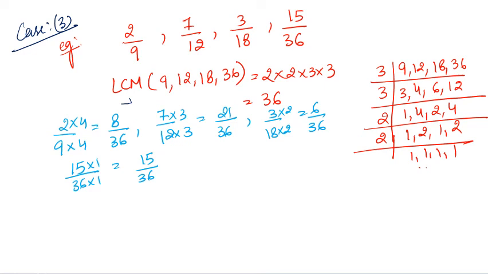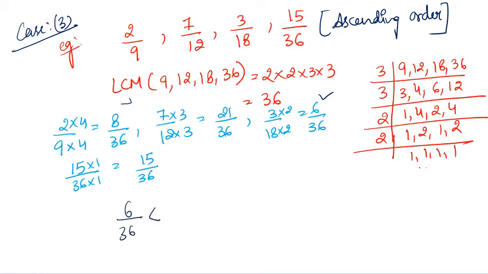Now we are going to write them in ascending order. So in the ascending order, which one is the smallest? This one. So 6 over 36.